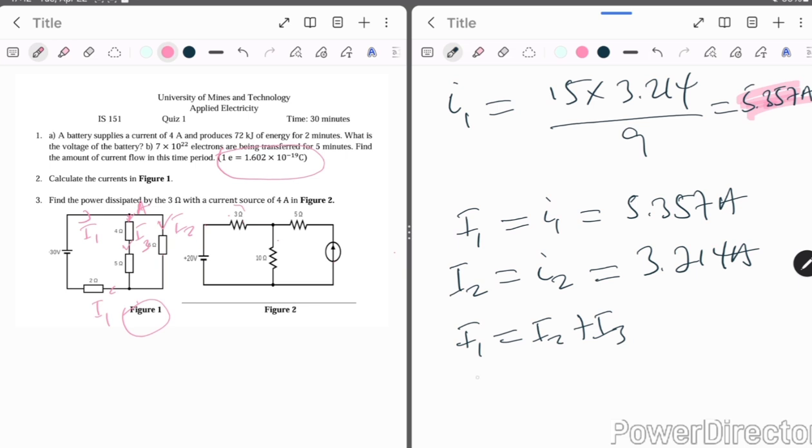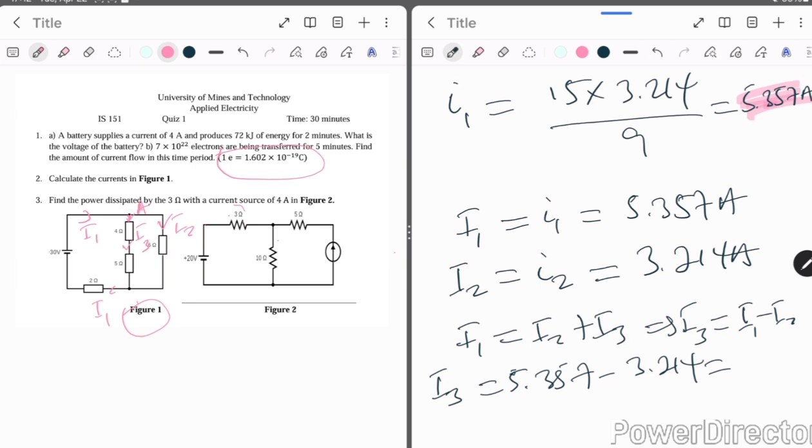If we make I3 the subject, I3 equals I1 minus I2, which is 5.357 minus 3.214. When you subtract this, you are going to get 2.143 amps.